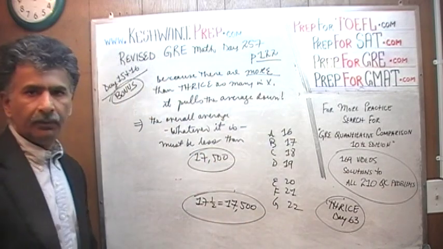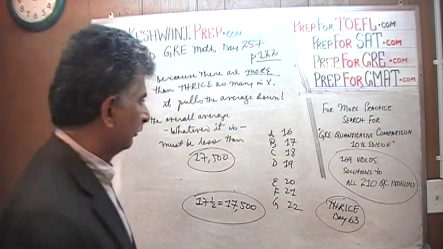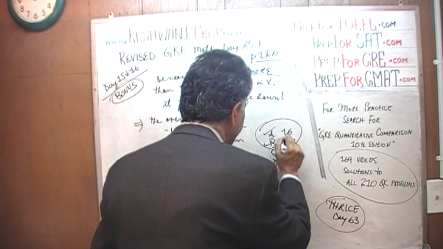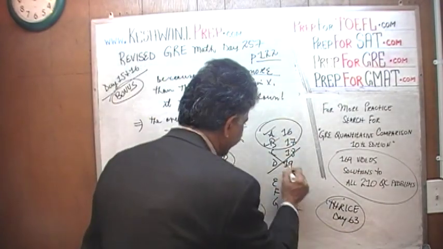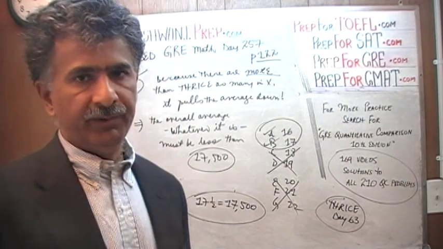It has to be less than 17,500, but it can be 17, it can be 16. So what we're claiming is that these two are possible, A and B are possible, but all the others are not. The overall average cannot be anything more than 17,500.